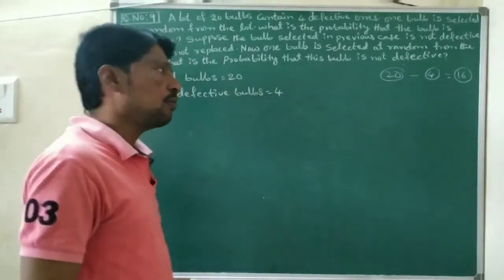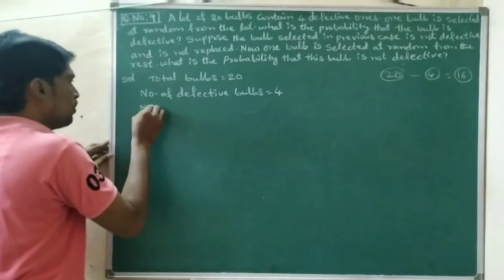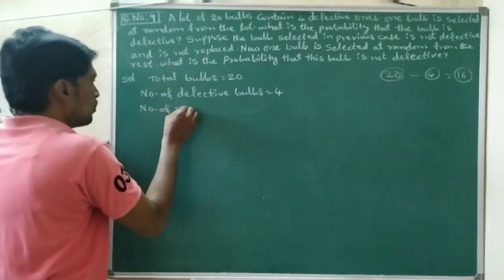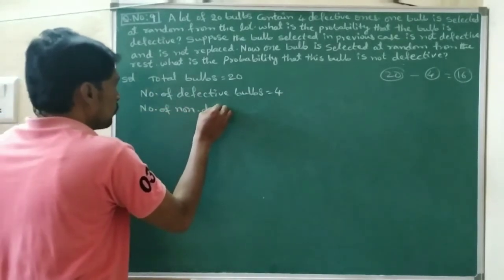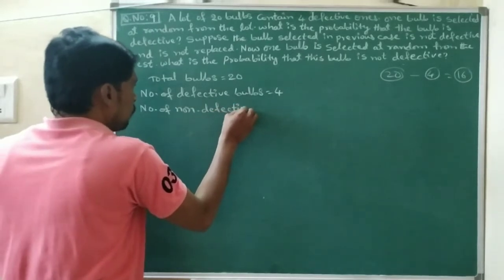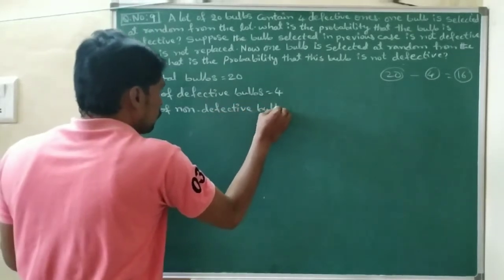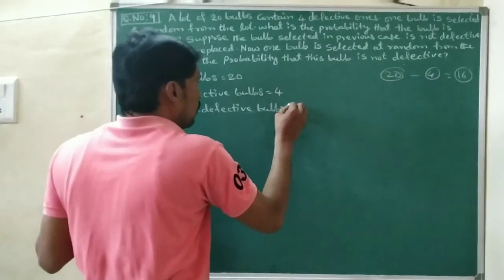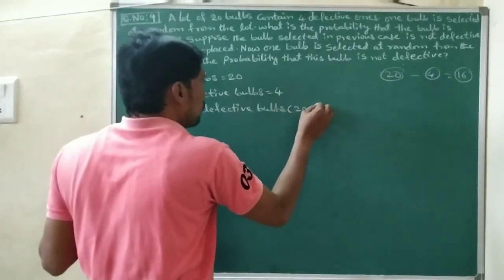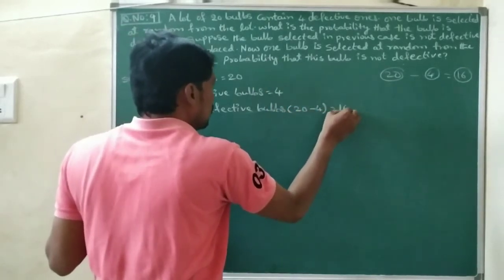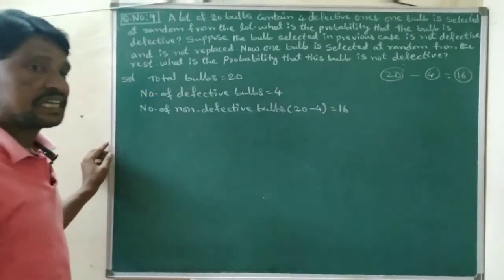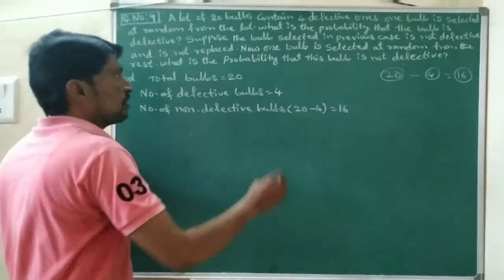How many non-defective bulbs? Number of non-defective bulbs equal, that is total bulbs, we need to subtract the defective bulbs, we can get non-defective bulbs, that are 16 bulbs will be non-defective bulbs.